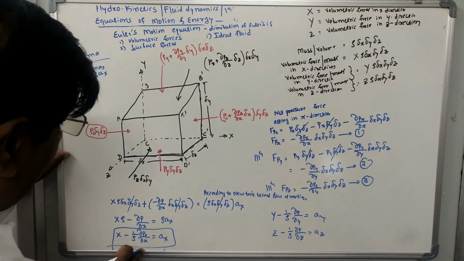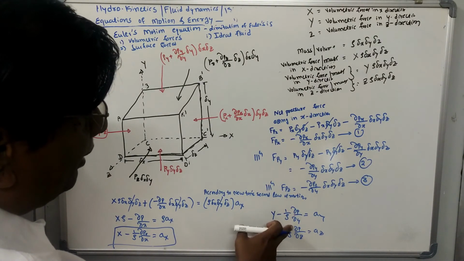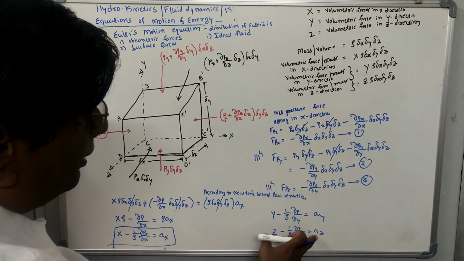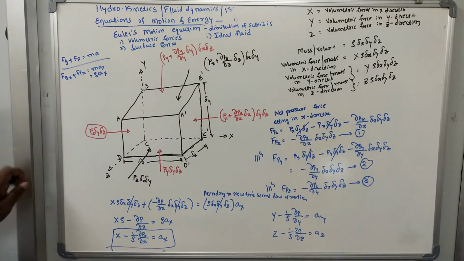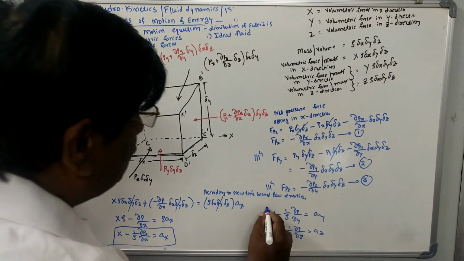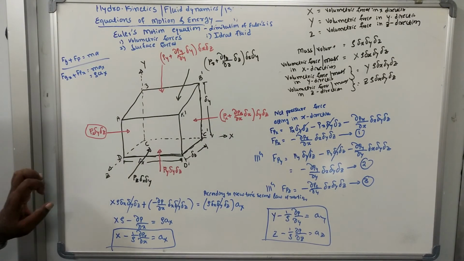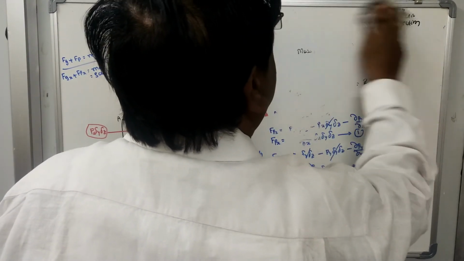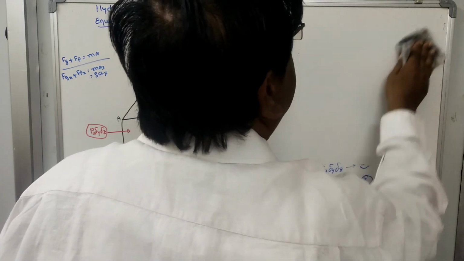So X minus 1 by rho ∂p/∂x is equal to ax, Y minus 1 by rho ∂p/∂y is equal to ay, Z minus 1 by rho ∂p/∂z is equal to az. These are called the Euler's motion equations. The Euler's motion equations can also be written in terms of velocities.